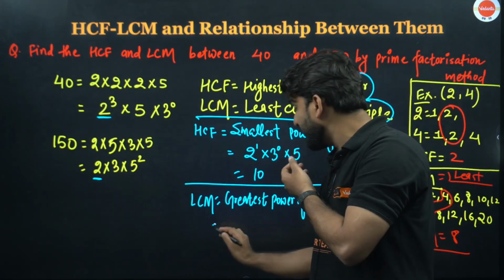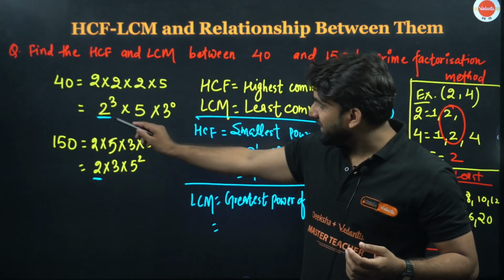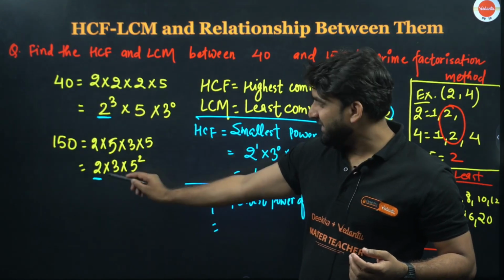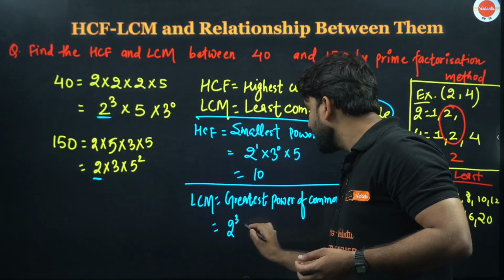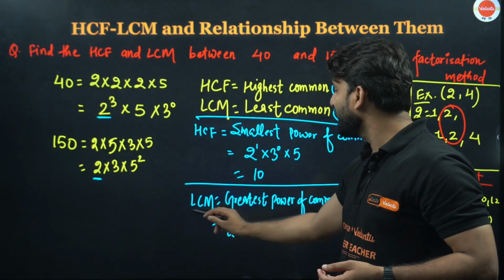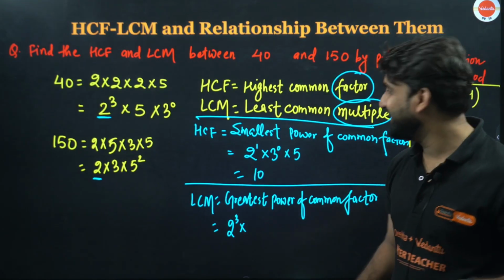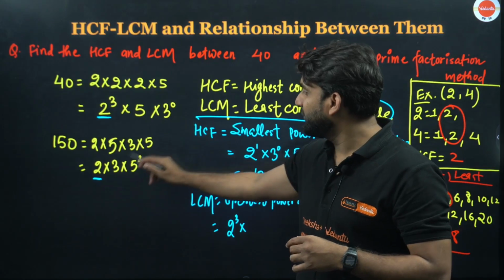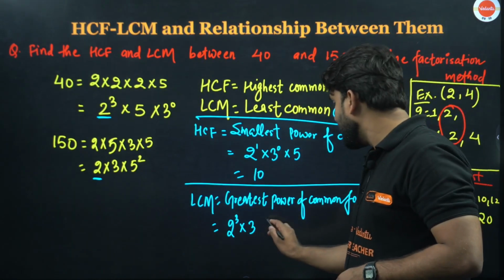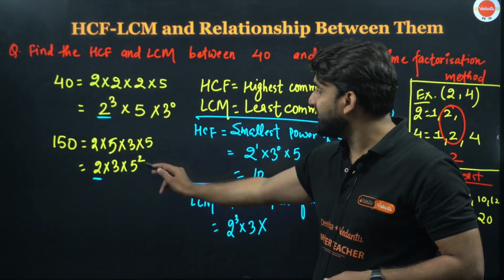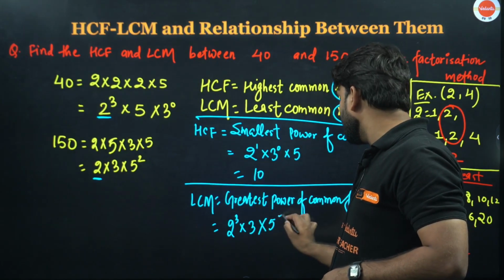So what will be the greatest power? Can you see 2 to power 3 here and 2 to power 1. So which will be considered? 2 to power 3. For highest, smallest. For least, greatest power. Just opposite. And now 3 to power 0, 3 to power 1, so 3 to power 1 will be considered. And now 5 to power 1, 5 to power 2, which will be considered 5 to power 2.